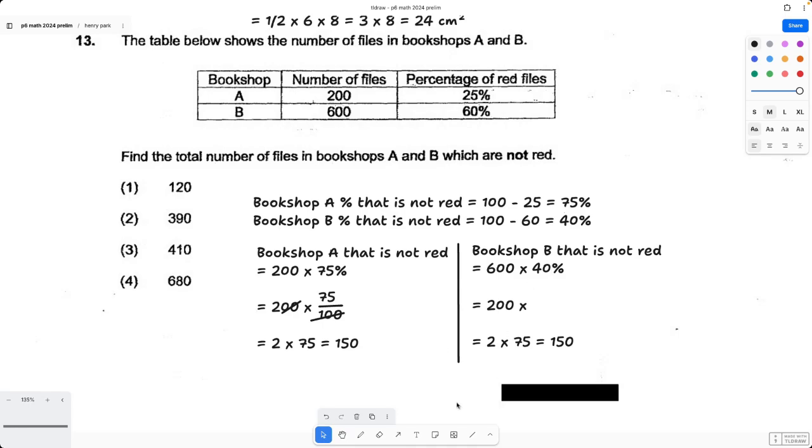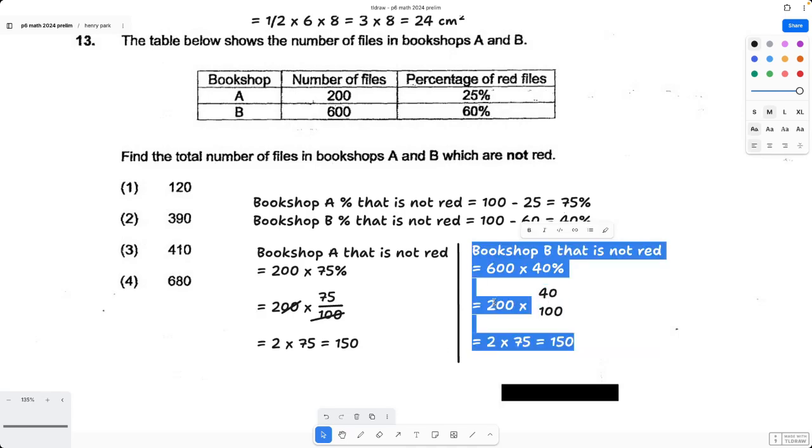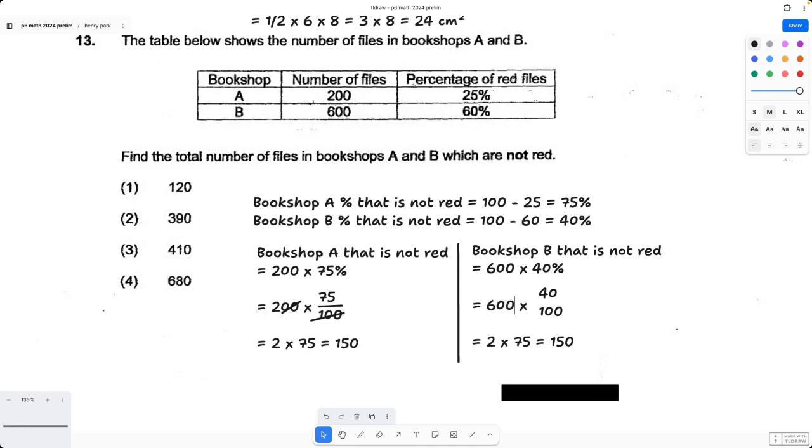Okay, so it's basically 40 out of 100. Okay, and then we can just change the numbers again. 600 times 40 out of 100. Okay, so we can cancel out the 100 and then cancel out the 2 zeros as well. So basically it's just 6 times 40. Okay, this will be 240.